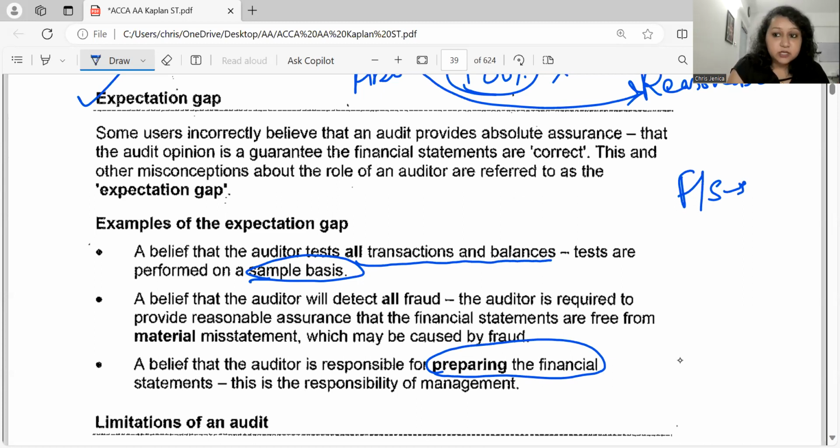We are going to audit the financial statements, not prepare them. So, as we have not prepared the financial statements, we cannot give 100% assurance on them. These are all the reasons why an expectation gap could arise. They think it's an absolute assurance, but we are providing a reasonable assurance, which creates the expectation gap. Right?